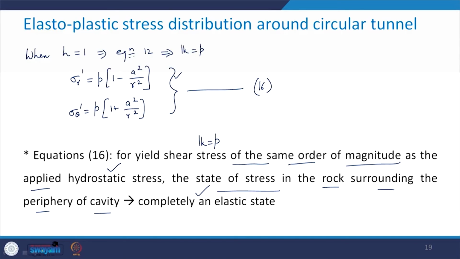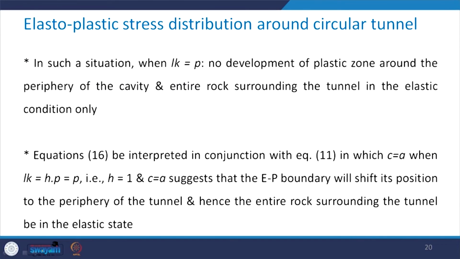You can have a look here at equation number 16, and if you compare the result with the elastic analysis, you will be able to see that right now it is a completely elastic state. So, in such a situation, when this kappa becomes equal to P, there will be no development of plastic zone around the periphery of the cavity, and the entire rock surrounding the tunnel will be in the elastic condition only.